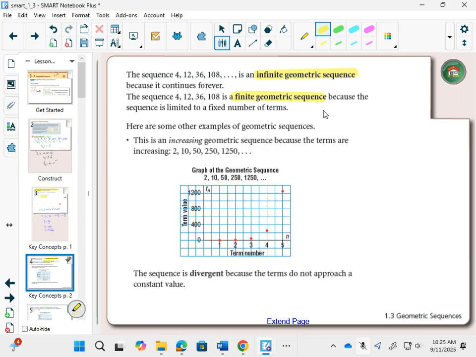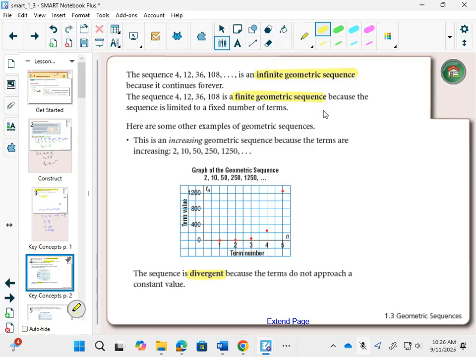Sometimes geometric sequences increase. If you're multiplying by a number bigger than 1, does it make sense that each next term is going to get bigger than you had before? That would be an increasing one, and ones that are increasing we call divergent because they get bigger and bigger and bigger.